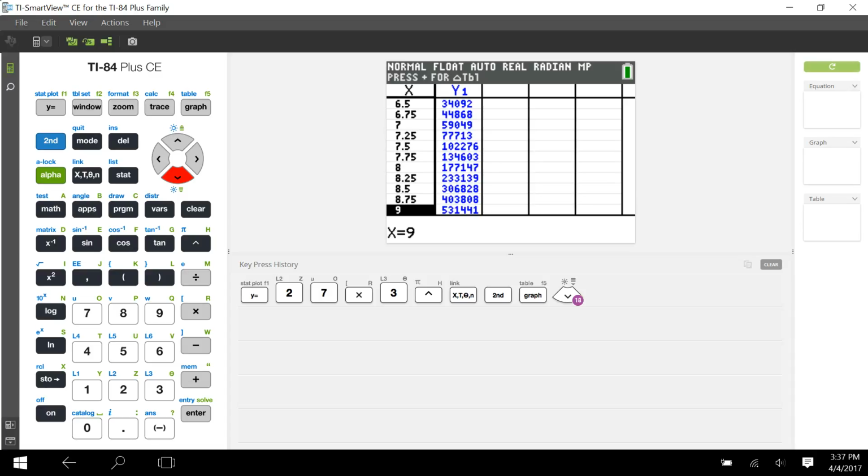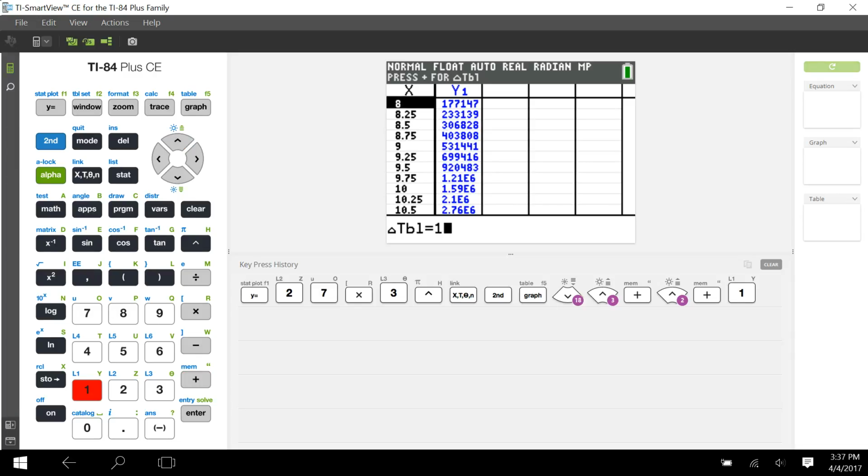There it is, 531441. So x equals 9. And then when x equals 5, I'm going to change that by hitting plus. I'm going to go up to 8, and then hit plus 1, so I get rid of those decimals. Okay, so if I go up to 5, there's 6,561.